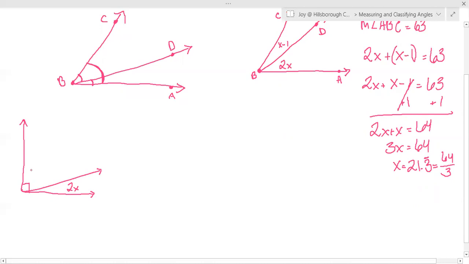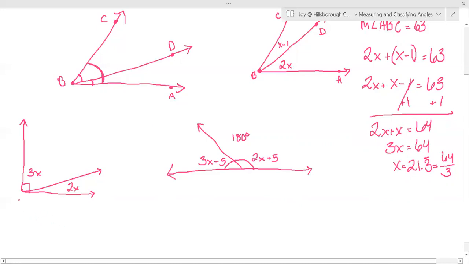And then try this one as well. All right, go ahead and pause and solve those two problems, and then you can press play when you're ready to see them worked out.